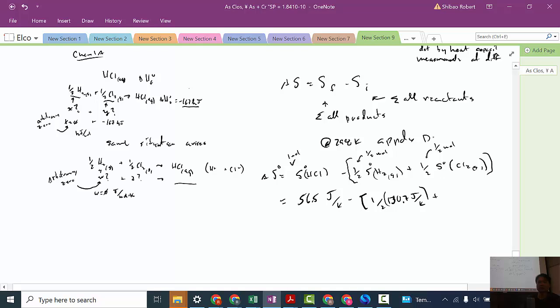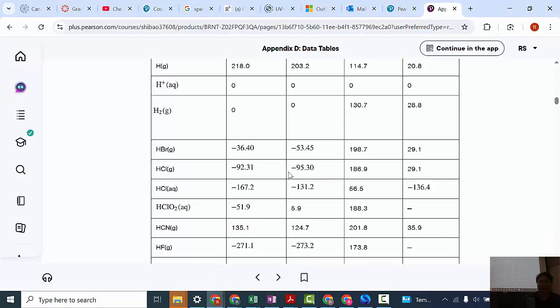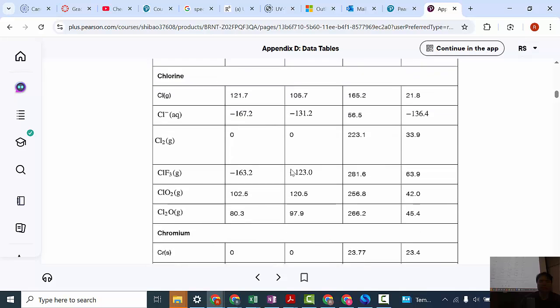Plus 1/2 mole of chlorine gas. Let's see what the entropy is for chlorine gas. Chlorine, I'd expect it to be kind of low entropy for a gas. But look, it's a bit higher. Do you see that? 223.1. Well, hydrogen is a very small, simple atom compared to chlorine, which is a bigger atom.